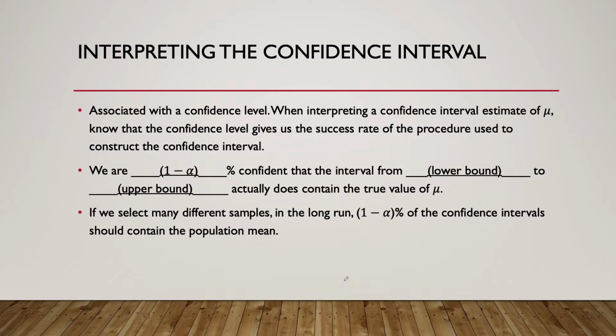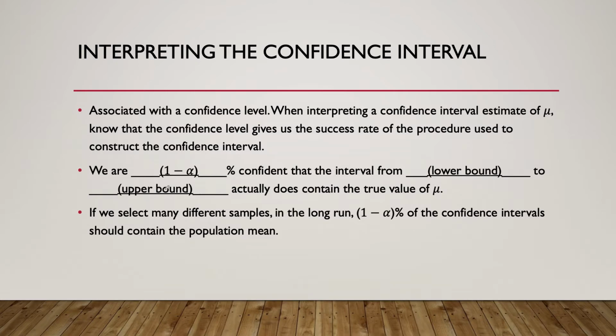And interpreting this confidence interval, which we just kind of did, but this is associating with a confidence level. When interpreting a confidence interval estimate of the mean mu, the confidence level gives us the success rate of the procedure used to construct the confidence interval.